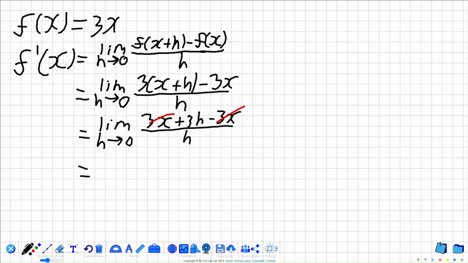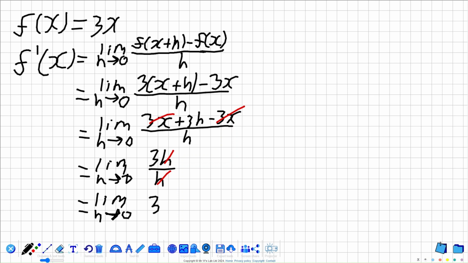So we just write this equals lim as h approaches 0, and don't mind my crappy writing, and then that's just 3h over h. And then you can start to see this get a lot simpler from here. So we can then, again, cancel what's common. We've got h common there. So we'll get lim as h approaches 0 of 3.